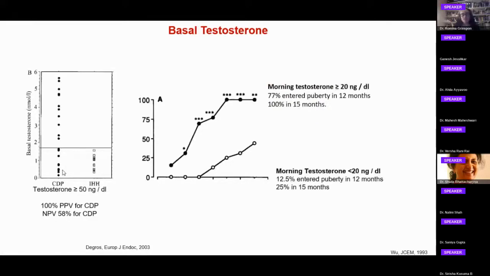In another study evaluating patients with delayed puberty, we can see that 100% of the patients that present with testosterone levels over 20 nanograms per deciliter begin puberty after 15 months of the evaluation. But only 22% of patients with testosterone below 20 begin puberty after 15 months.